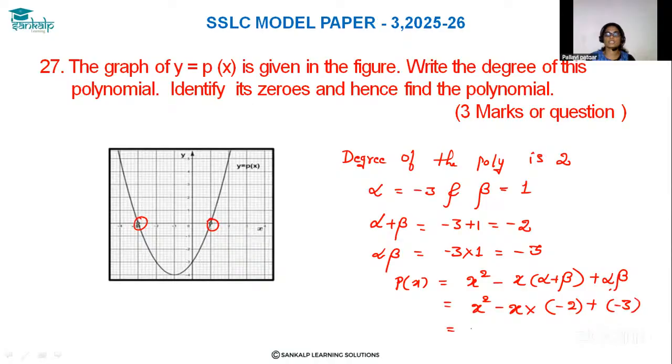So this is equal to x square plus 2x minus 3. Okay, so this is the polynomial p of x. And the degree of the polynomial is 2 and zeros are minus 3 and 1. Thank you.